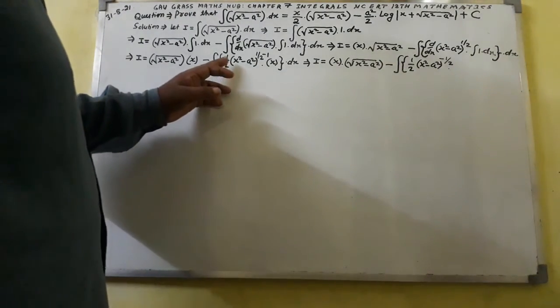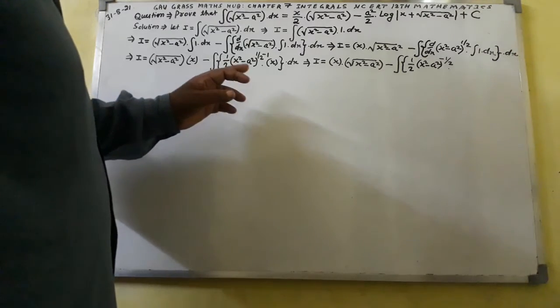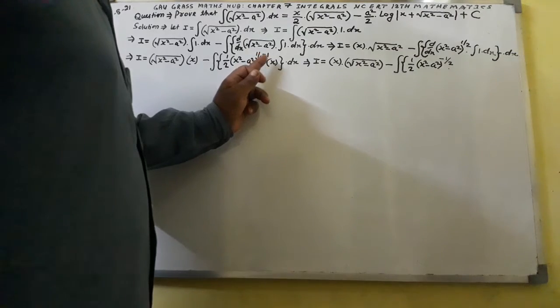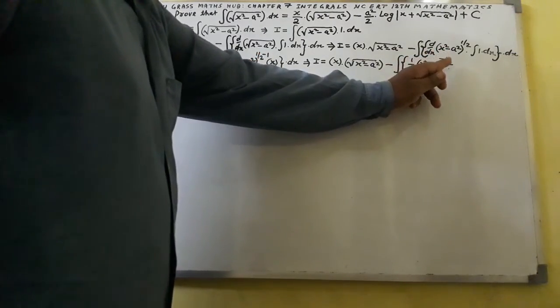Here you will get 1 over 2 times (x square minus a square) raised to minus 1 over 2.